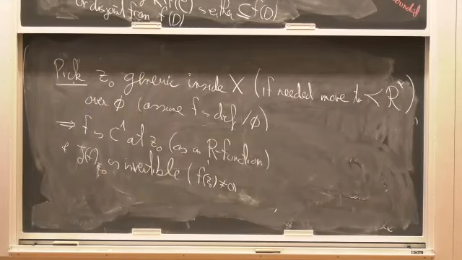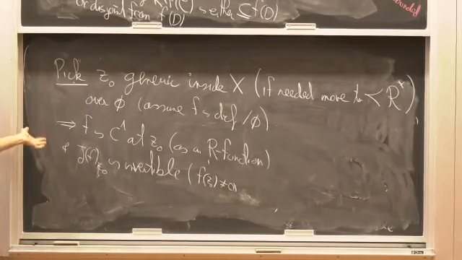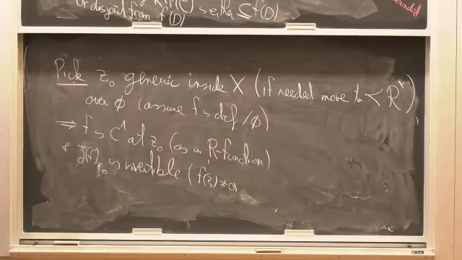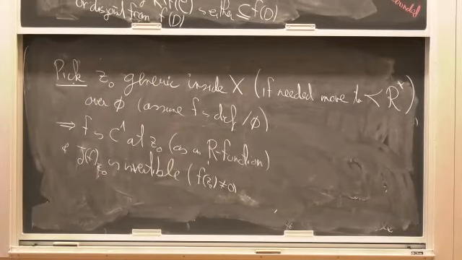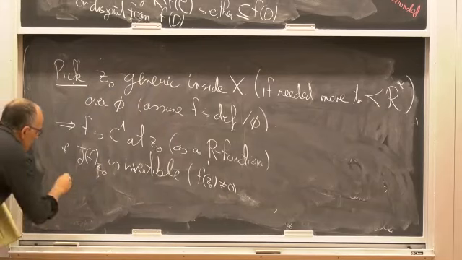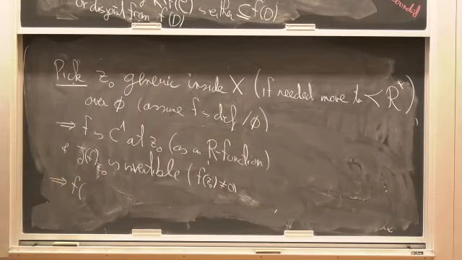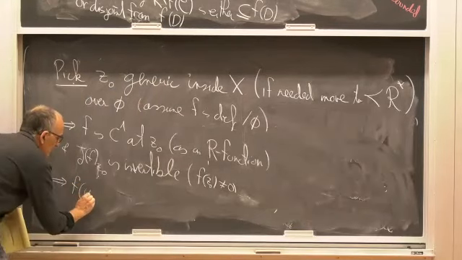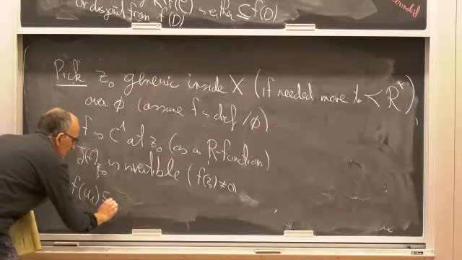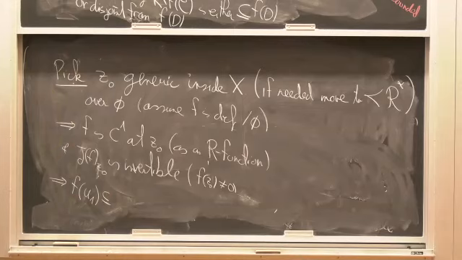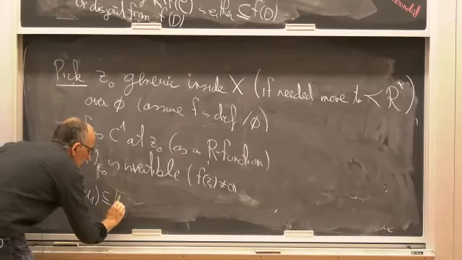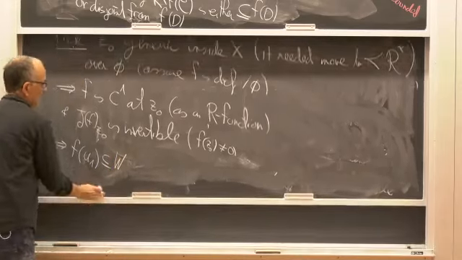So by the inverse function theorem, it means that the image of F in a neighborhood of Z0 is an open set, right? So F of some U1 inside the connected component W contains an open set at least.